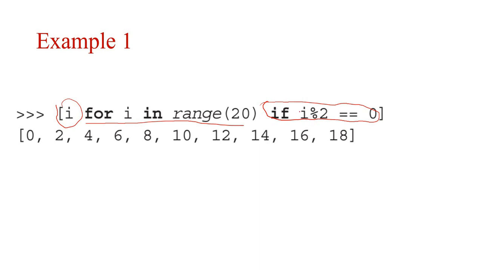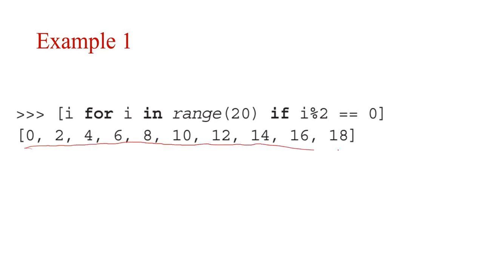So only if the remainder is 0, I is going to be part of the list. So you're imposing a condition on I. This means that only even numbers would be part of your list. Therefore you get a list of numbers from 0 to 18. So this is an example of list comprehension.